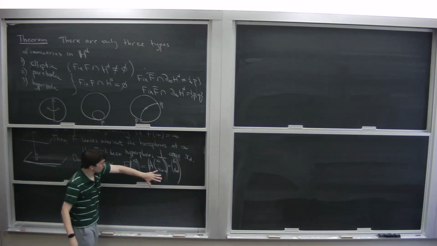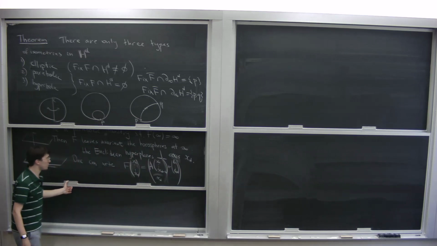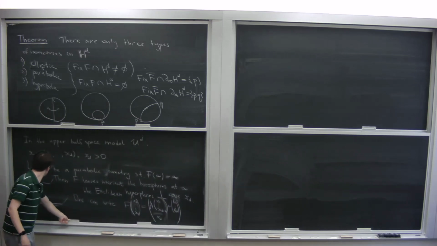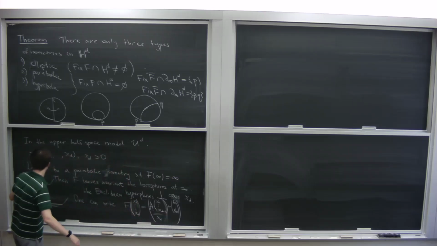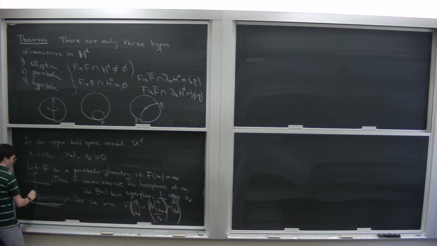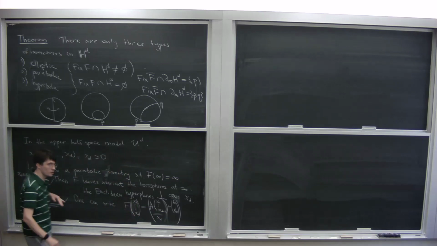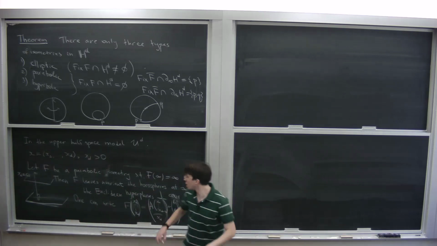So what is this transformation? You see the coordinate xd is preserved, right? So our hyperplanes are defined by the equation that the coordinate xd is equal to some constant c, right?